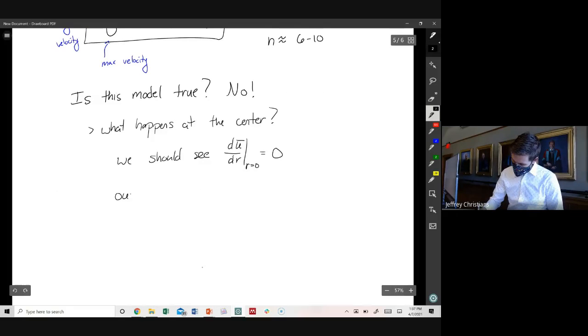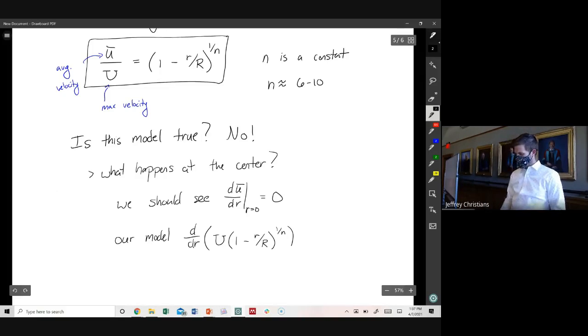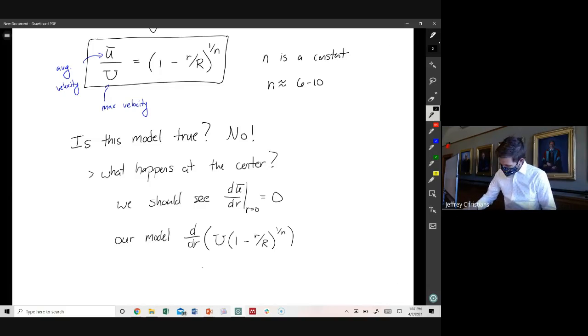But our model predicts d/dr of u bar, which is capital U times (1 minus r over big R) to the 1 over n, evaluated at r equals 0.